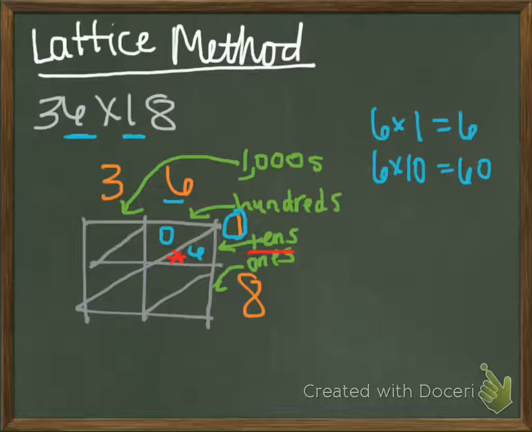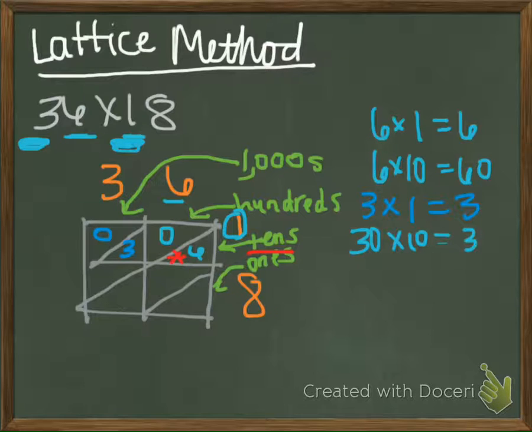Okay, so next we're going to do 3 times 1, which equals 3. So we put a 0 right there and a 3 right there. And of course, we're not really doing 3 times 1, we're really doing 30 times 10, which equals 300.